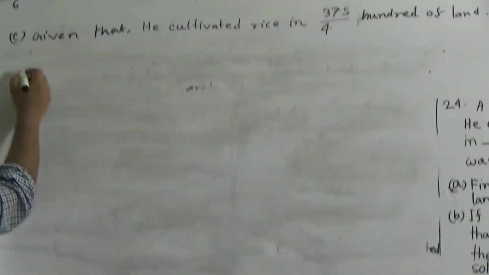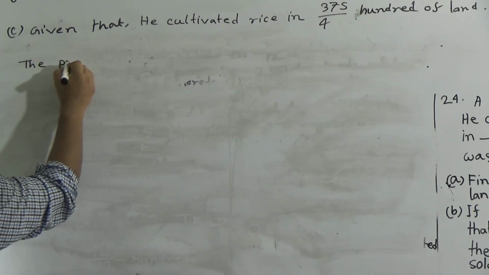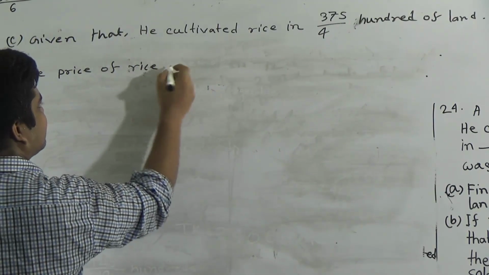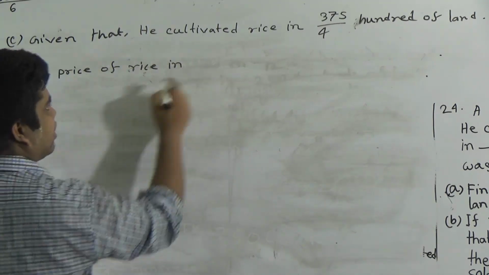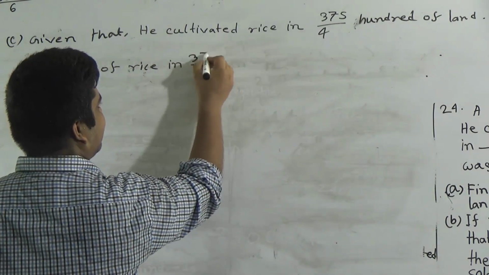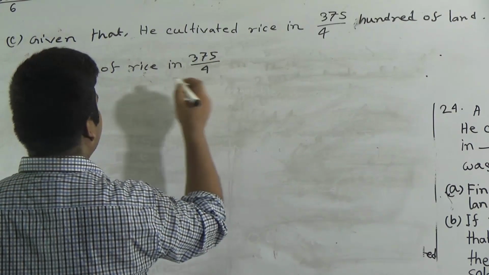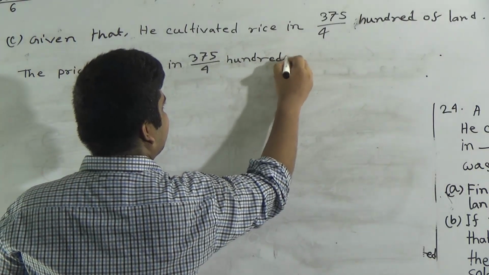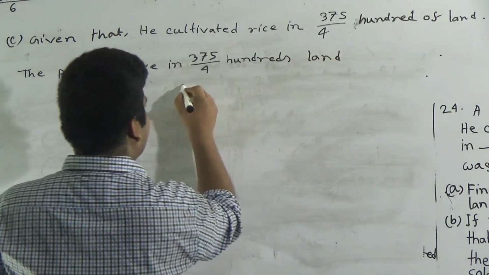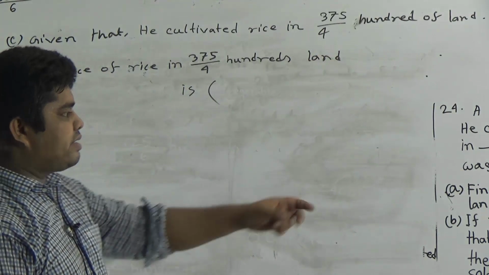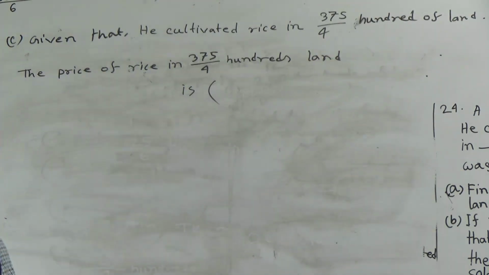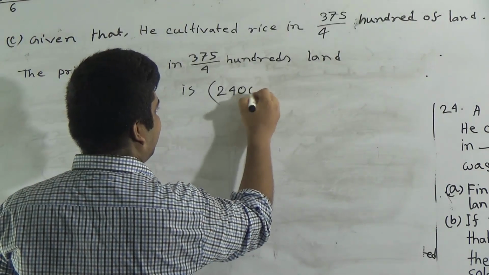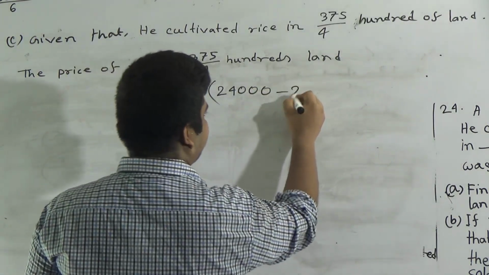Now the price of rice in 375 by 4 hundredths land is, how can we find? By subtracting 2400 from 24,000, which we already found from question number B.